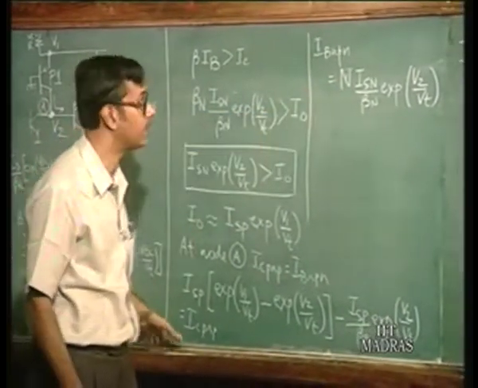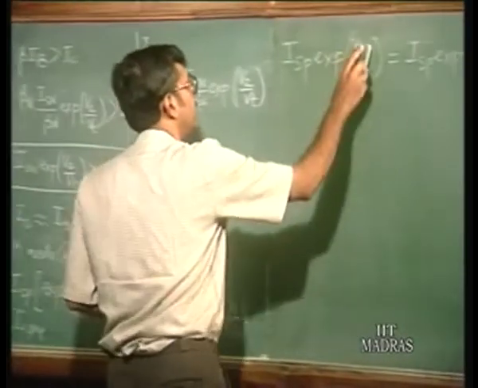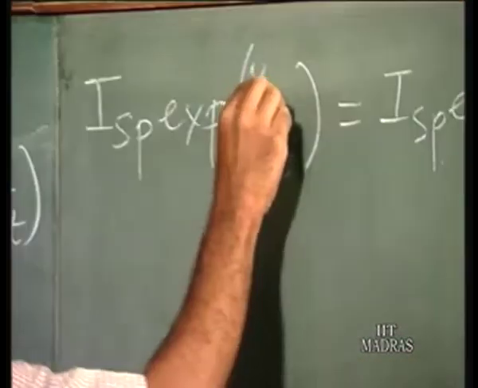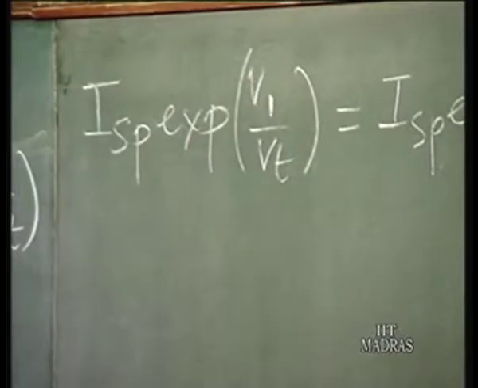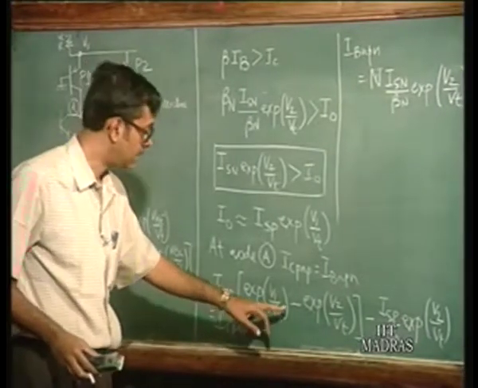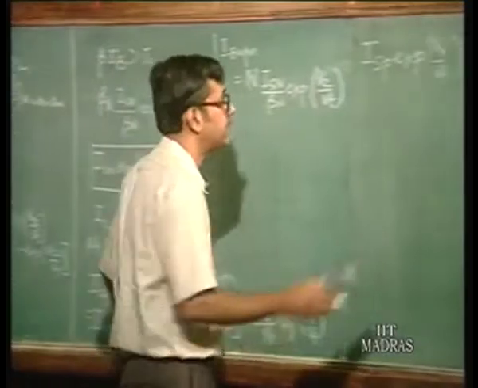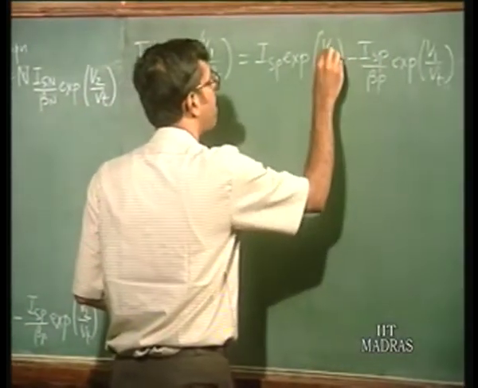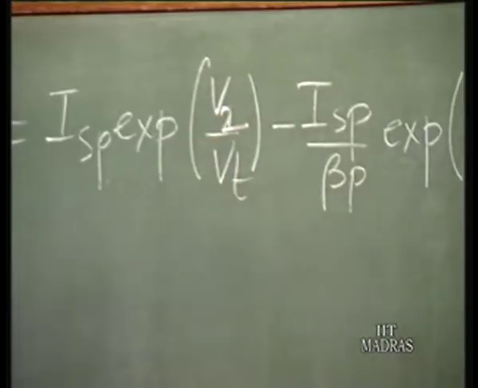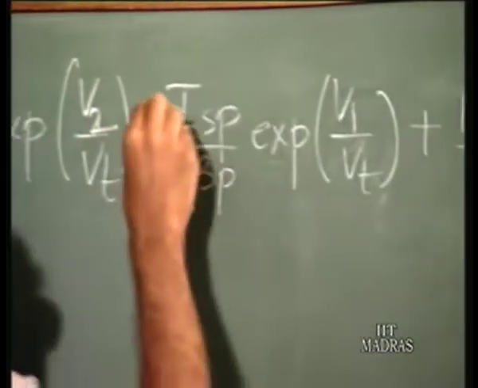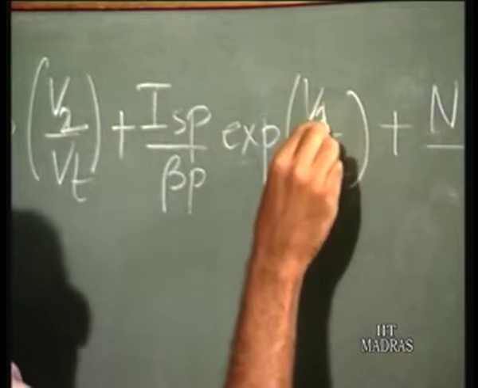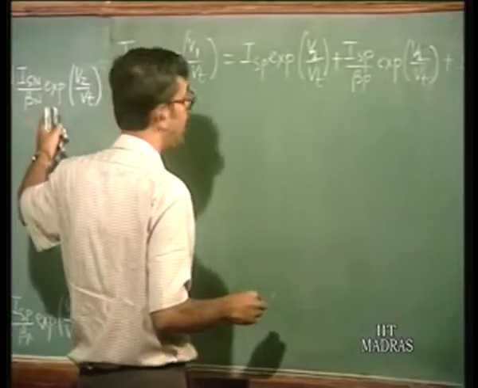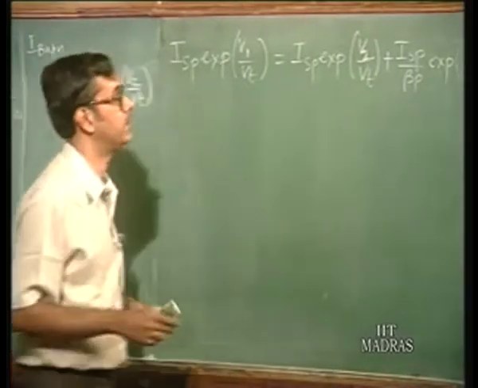Now, I think I just rewrite this. This becomes ISP exponential V1 by Vt equals ISP exponential V2 by Vt plus ISP by beta p exponential V2 by Vt plus NISN exponential V2 by Vt.